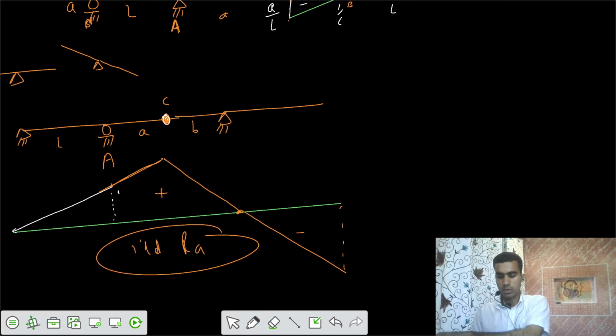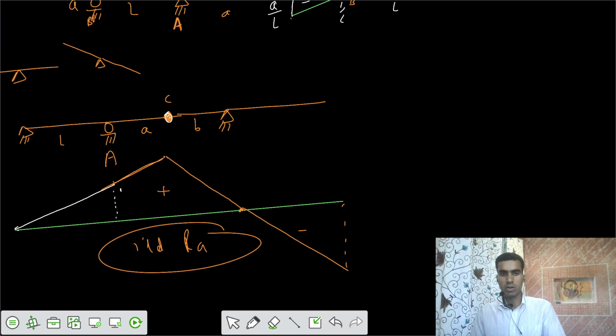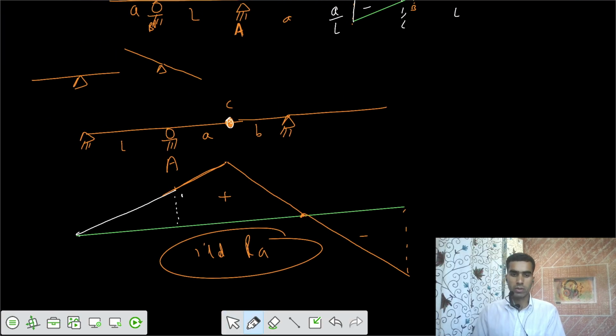I hope that you got this. I hope that you understood what we are doing. Let's say, if I talk about this one, this is some length L, and this is some length L. I would say this theta is 1 by L for the length of L, and this one would be equal to 1 plus A by L1.